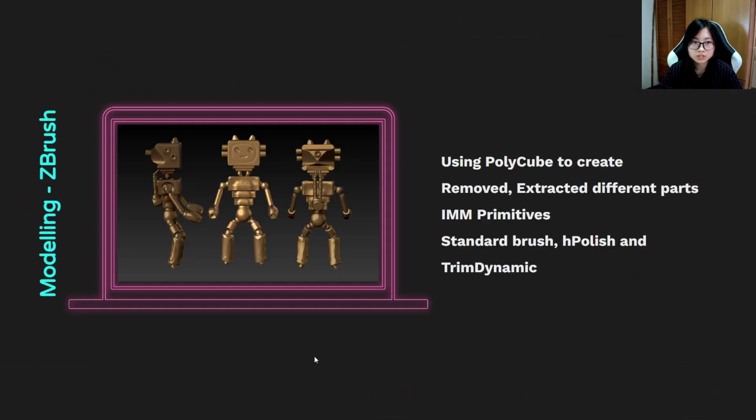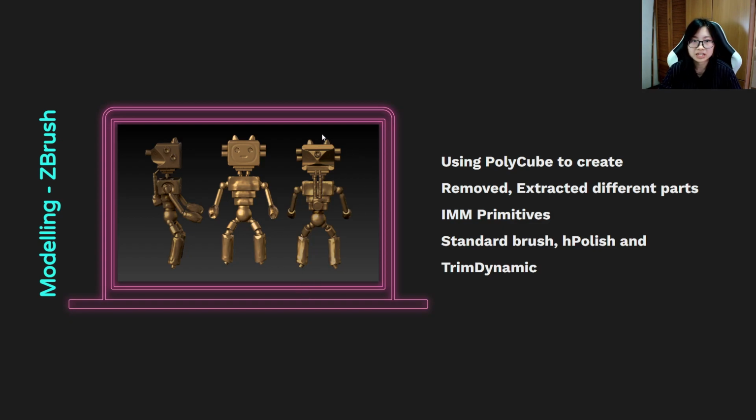So for the development process for Nirei, everything is made from scratch in ZBrush. So I started off by using polycubes, and also same goes for every body part. It's all polycube, which are extracted and remove some parts, and also mainly using IMM primitives, standard brush, polish, and trim dynamic.